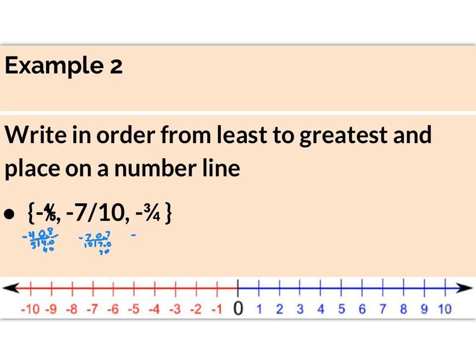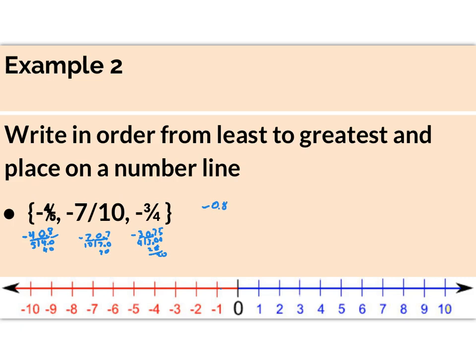And then -3/4, 0, 30, 7, 28. Subtracting, you get 2. Okay, so we got 4/5 is -0.8.